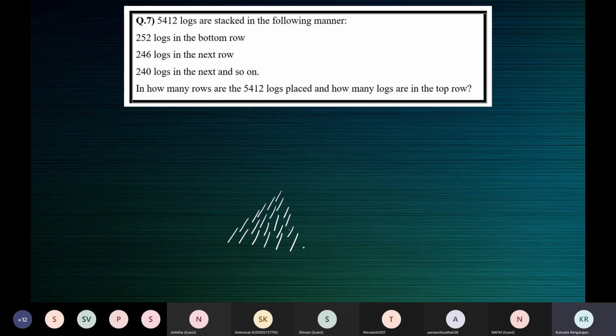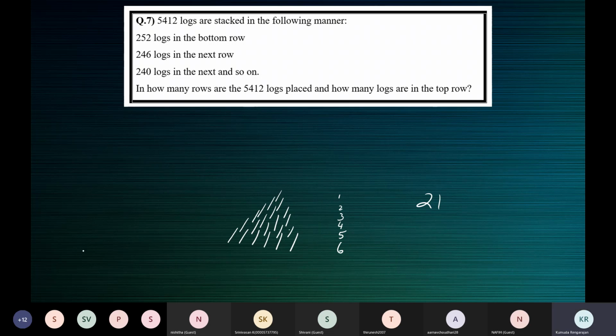So in all we have 6 plus 5, 11, 11 plus 4, 15 plus 3, 18, 20, 21. We have 21 logs with us.